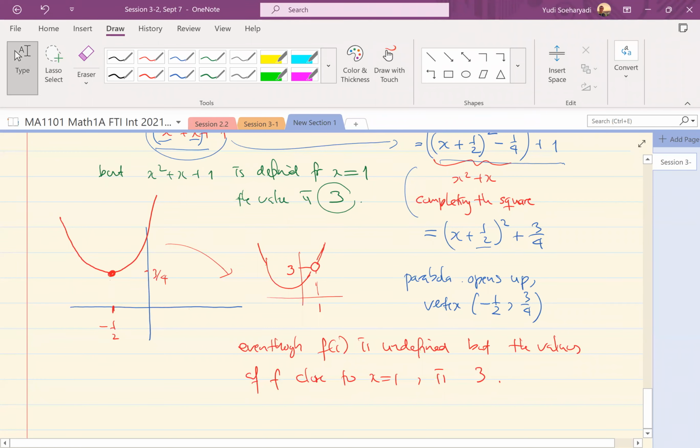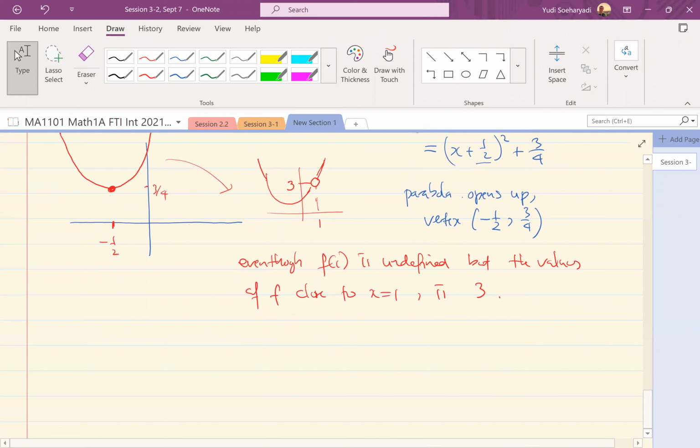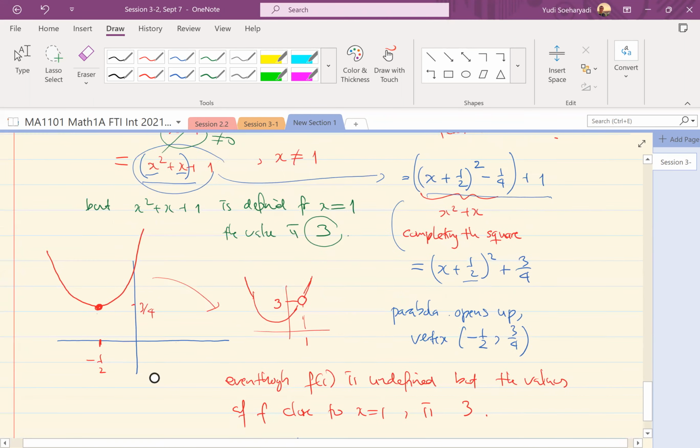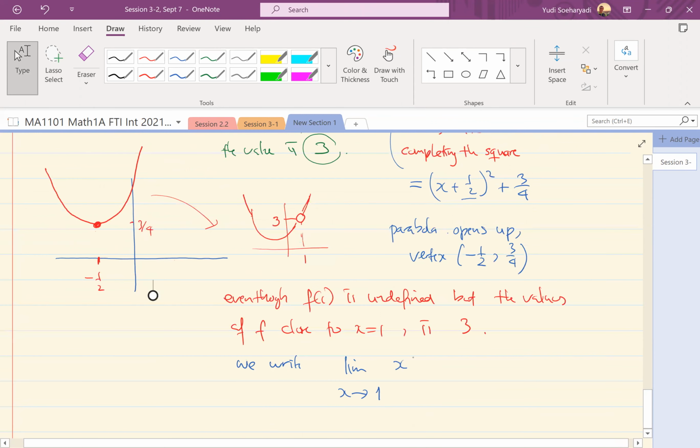Okay, and in terms of limit, x equals 1 of, what's the function? X, sorry. This is our f.